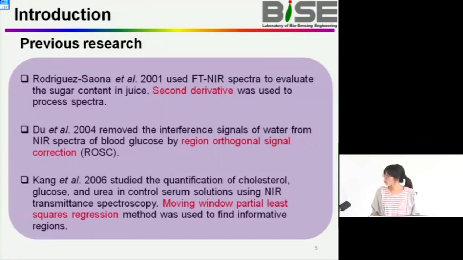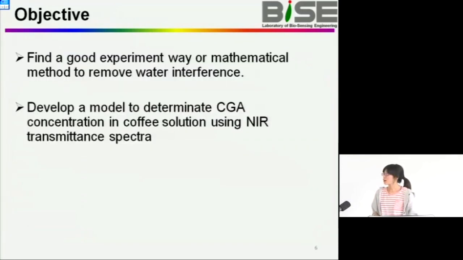And the moving window partial least squares regression method was used to find the informative spectra from the NIR spectra of serum solution. So the objective of my research is to find a good experimental way or mathematical method to remove the water interference, and also develop a model to determine CGA concentration in coffee solution using NIR transmittance spectrum.